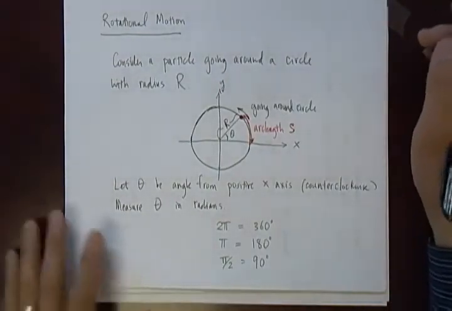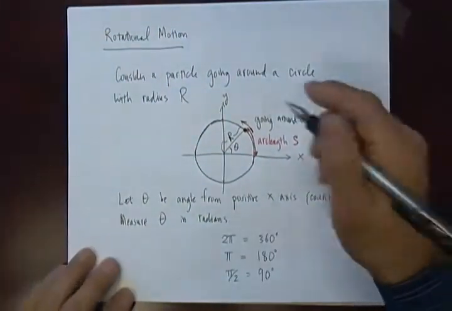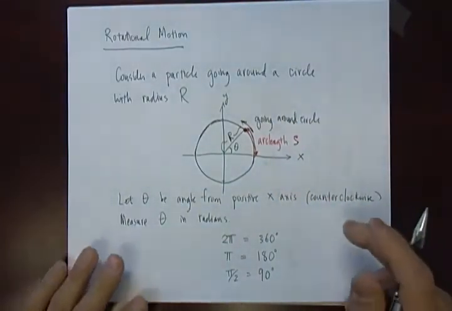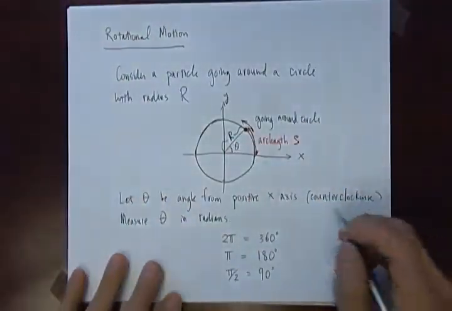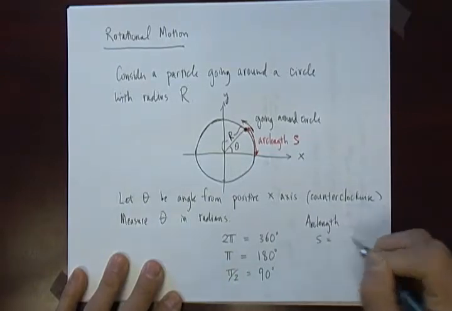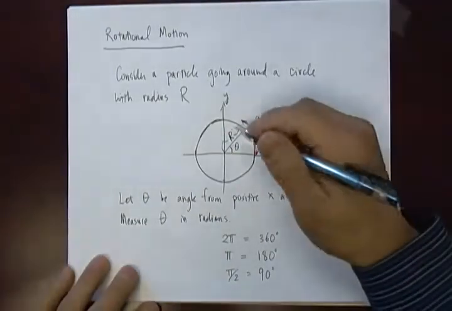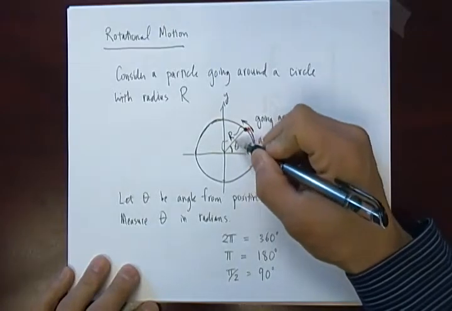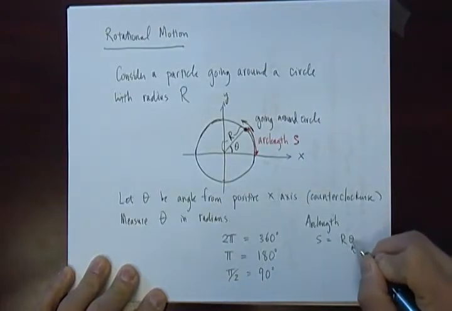Now, the reason this radian unit is helpful is because the arc length s is very simply related to the radius and the angle in radians. You may recall this from high school geometry: if the angle is measured in radians and r is the radius, then the arc length is s = r times theta.